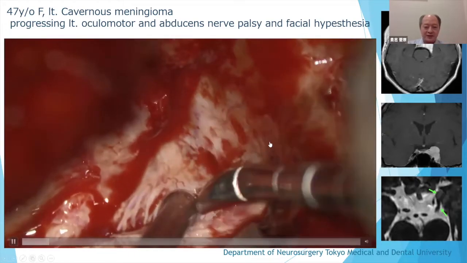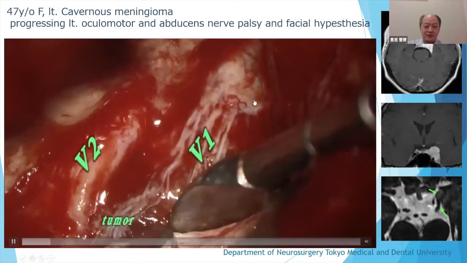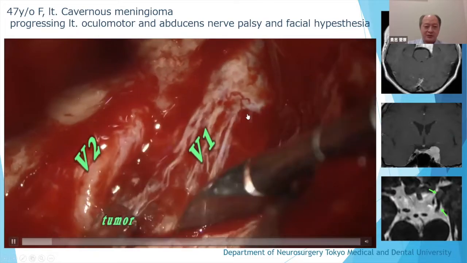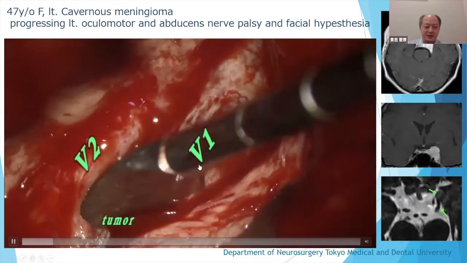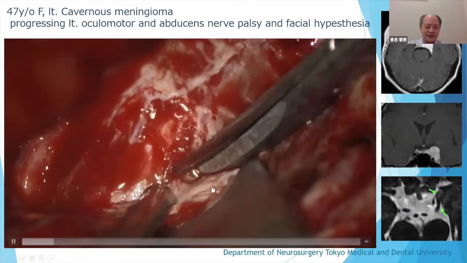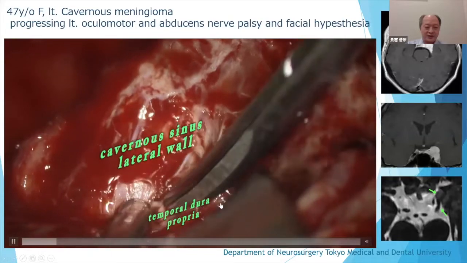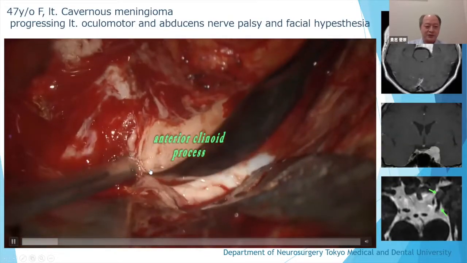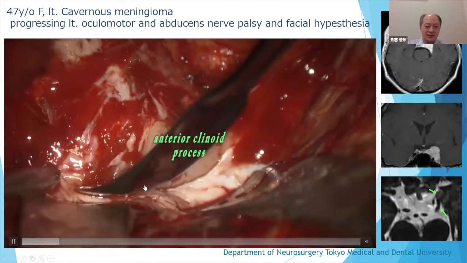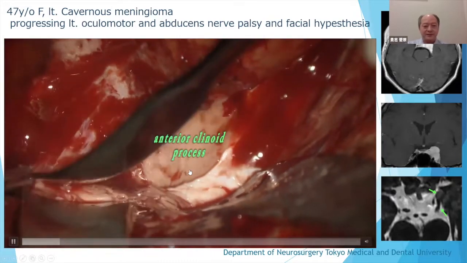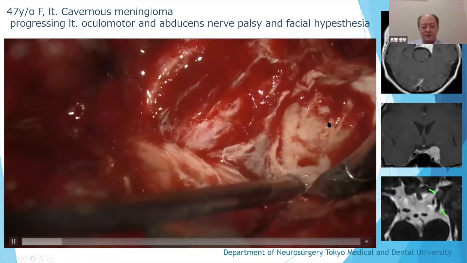Here you can see the boundary between the temporal dura and the periorbita. And here is the cavernous sinus lateral wall. And this is the anterior clinoid process, and remove this process.